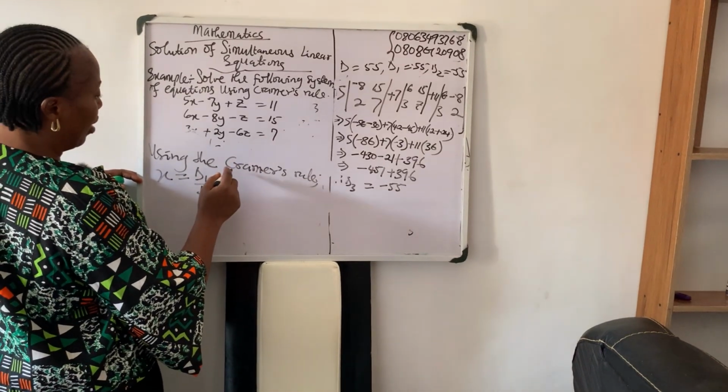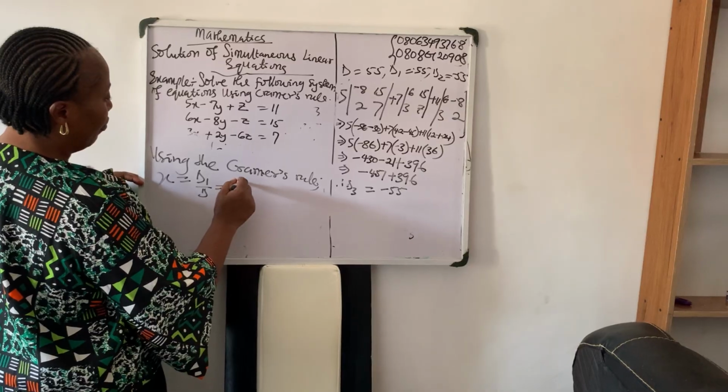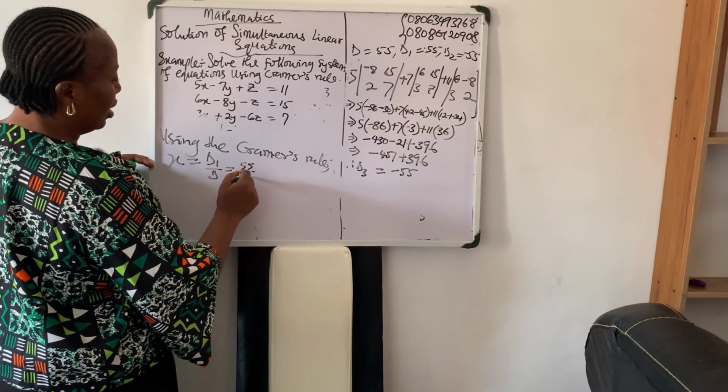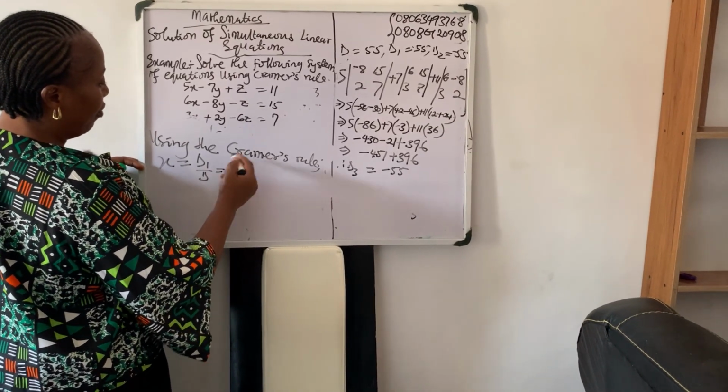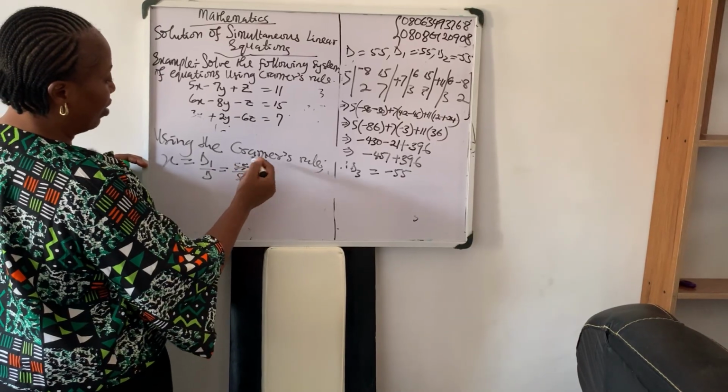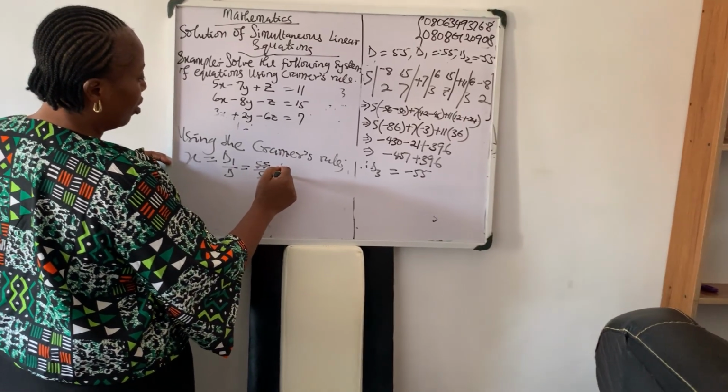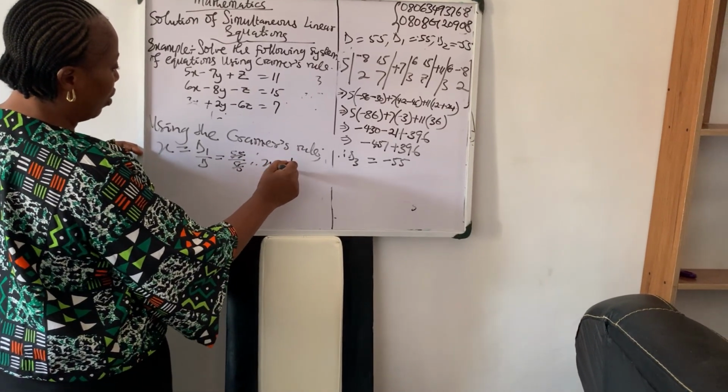And remember, we have our d1 to be what? 55. And our d is 55. 55 into 55 is 1. Therefore, we have our x equal to 1.